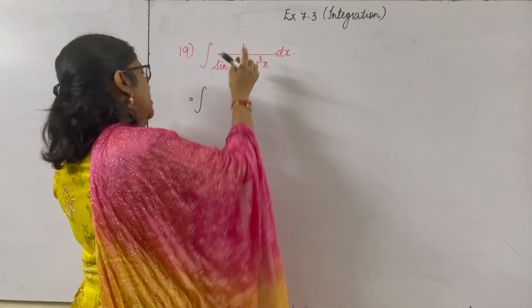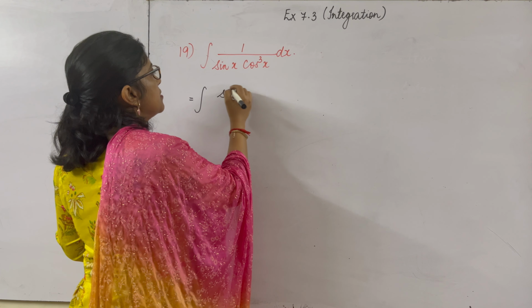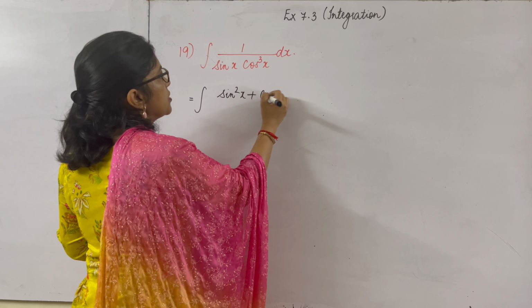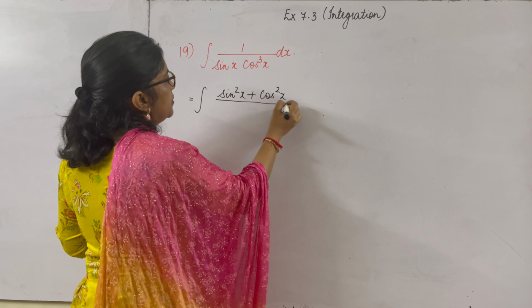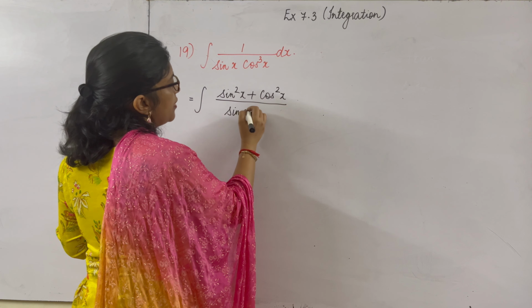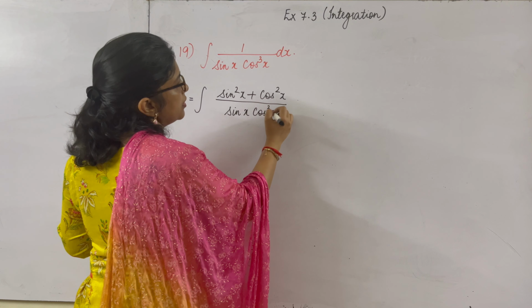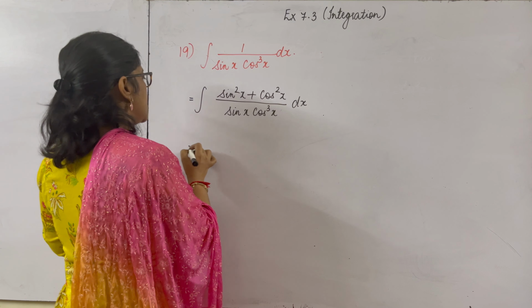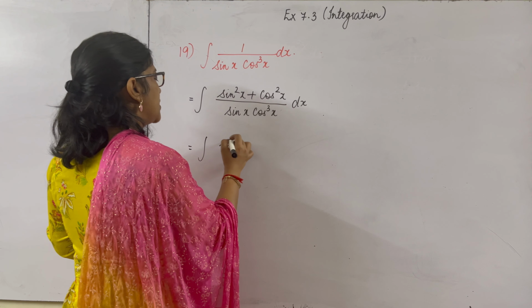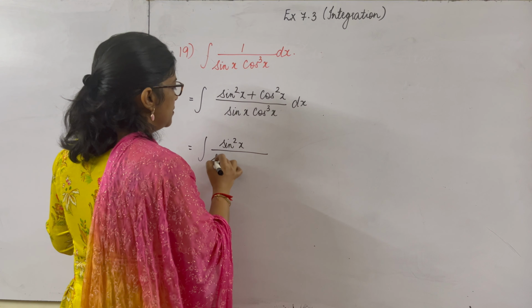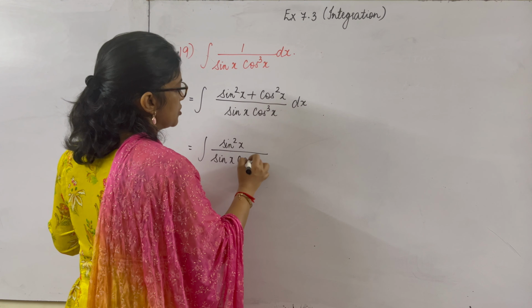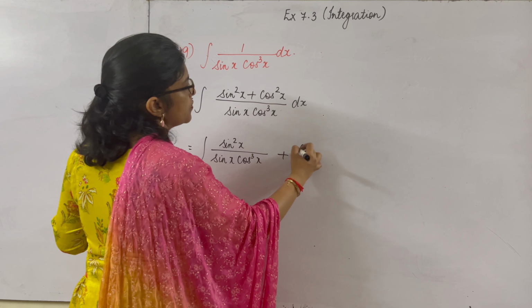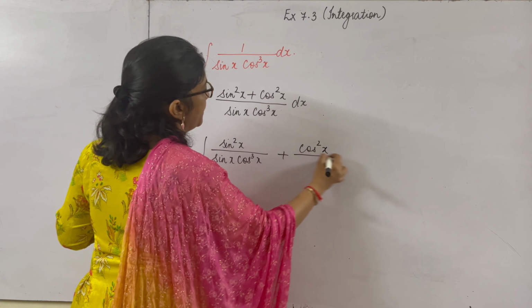Now since we have 1 here, we can write it as sin square x plus cos square x. Now, like one of the previous questions, you have only one term in the denominator. Only one term once again because it is a product, you can separate this out. So we'll write this as sin square x upon sin x into cos cube x, and the next one also in the same way.